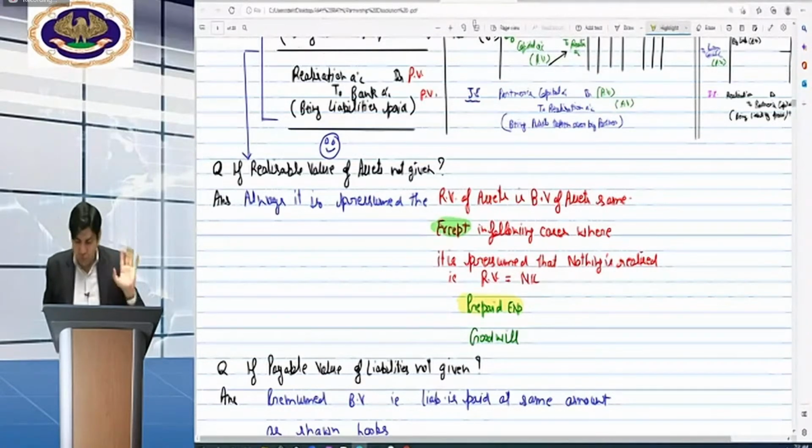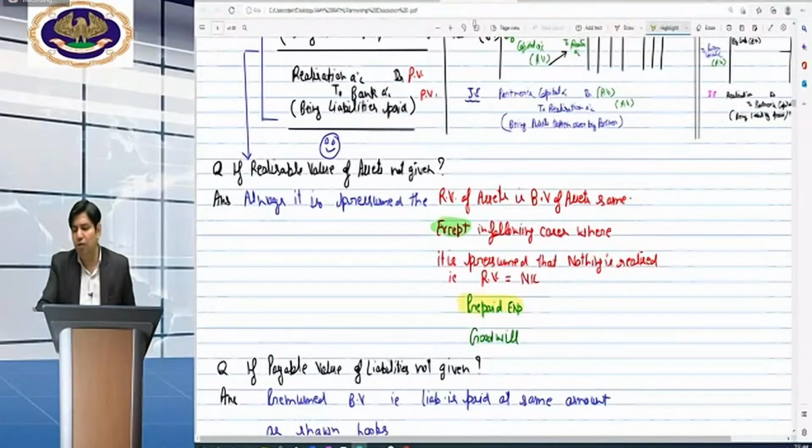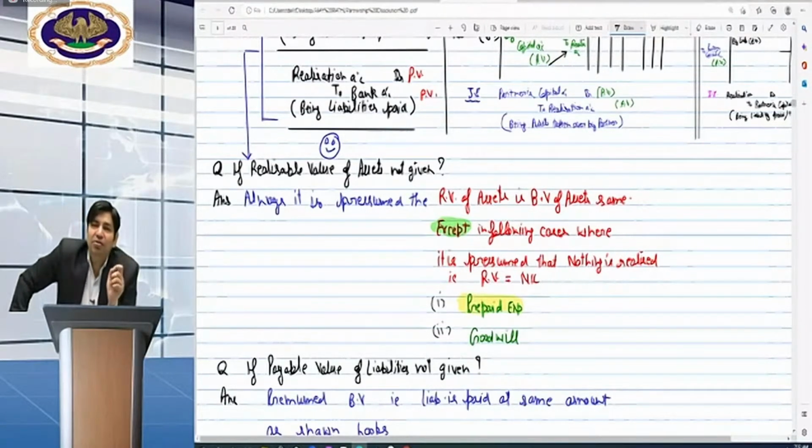You have to always presume that nothing will be realized. Who will return it? Definitely no one will return it. Hence, we are to presume in the exam that the realizable value of prepaid expenses is nil. And definitely the same is the case with goodwill. Why are we assuming goodwill is nil? Beta, if goodwill is there and it is valuable, then will the firm be discontinued?